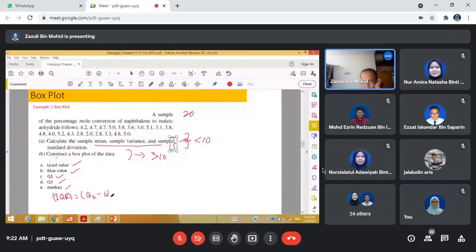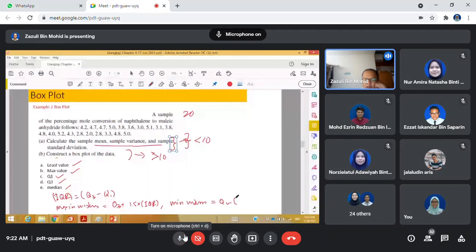Then you have the maximum whisker, Q3 plus 1.5 times IQR, and the minimum whisker, Q1 minus 1.5 times IQR.